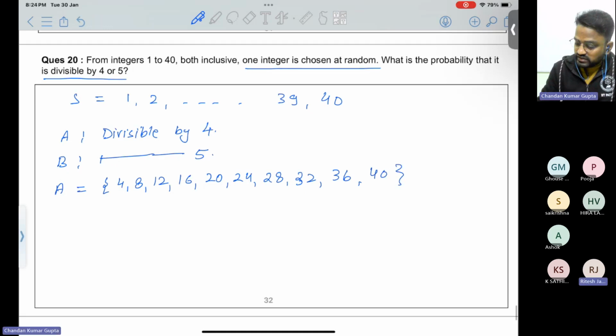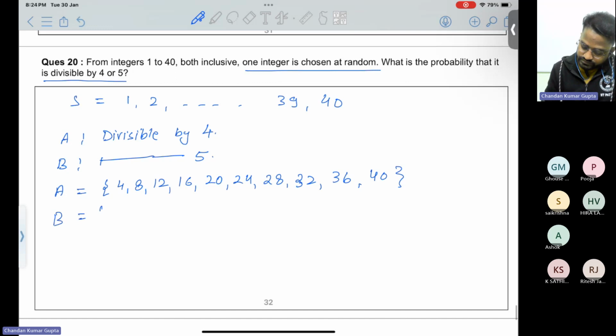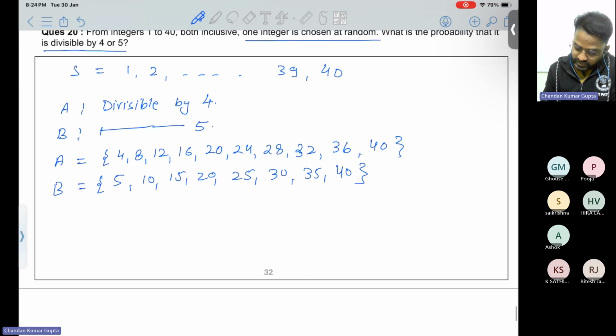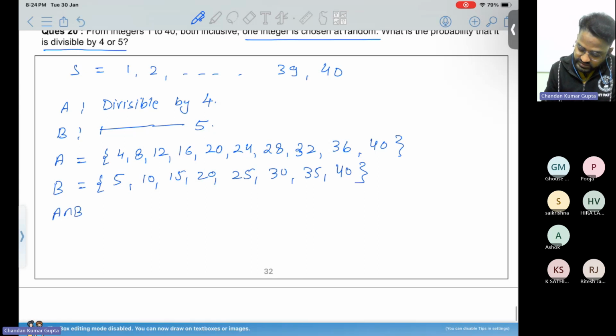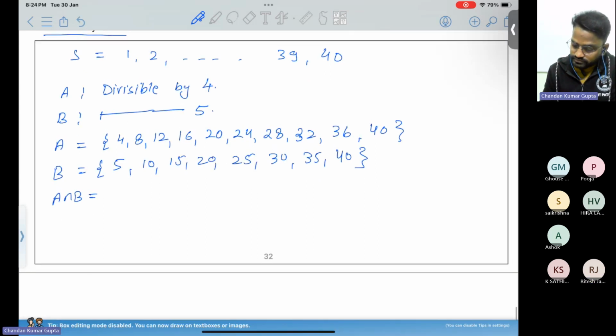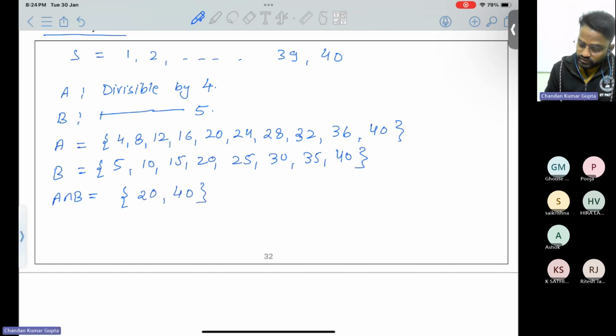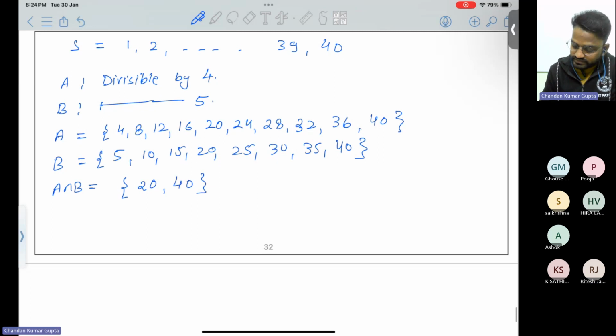And what about 5? 5, 10, 15, 20, 25, 30, 35, and 40. Now what is A intersection B? It comes out to be 20 and 40. Is it correct?